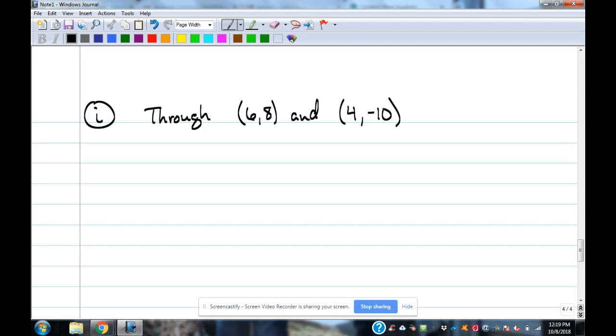So, got to find the slope of that line. So, the slope, y2 minus y1 over x2 minus x1. We're applying what we did last week to this. I'm going to take negative 10 minus 8 over 4 minus 6.